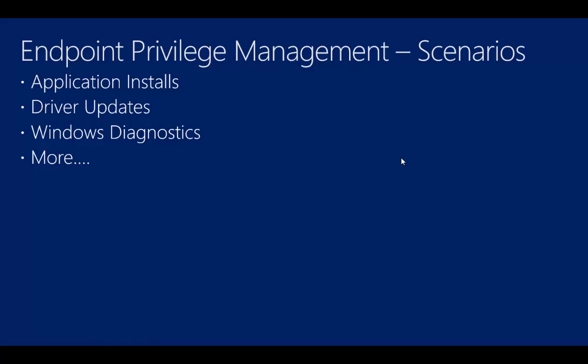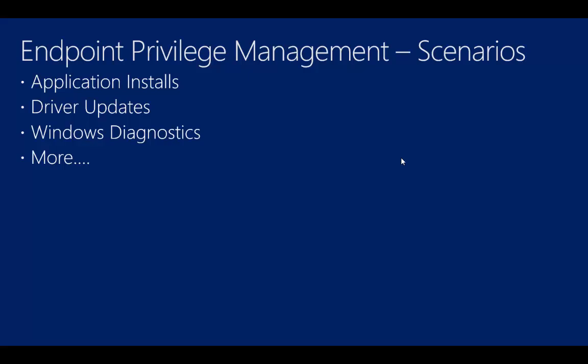So as we start to get toward our demo of endpoint privilege management, let's think about some scenarios, and these are three that come to mind. Definitely not the only ones, but if you have users, maybe someone in a department that has the responsibility for helping peers, and they want to be able to do application installs and uninstalls, and they're a trusted resource, then you can grant them that right.